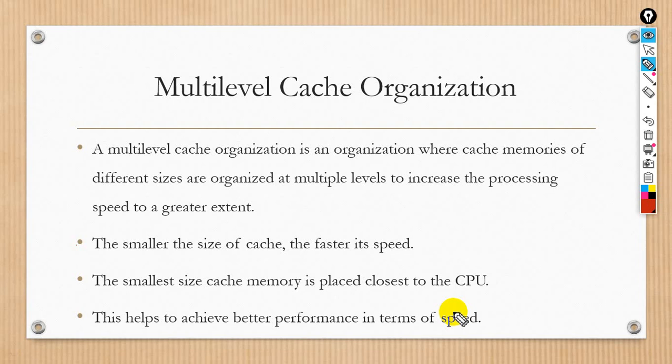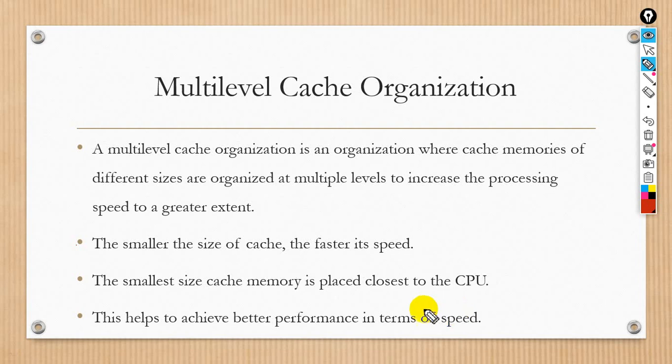If the size of the cache memory is small, the speed will be increased. When we decrease the size of the cache memory, the speed increases. The smaller size cache memory will have a large speed, and that cache memory will be faster.